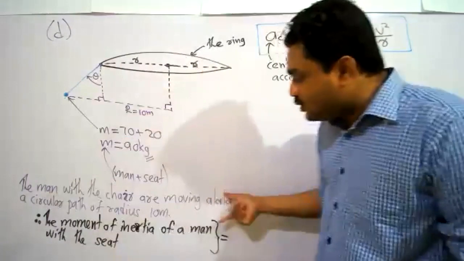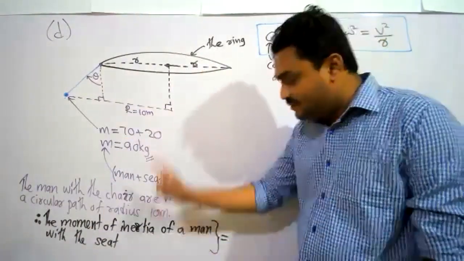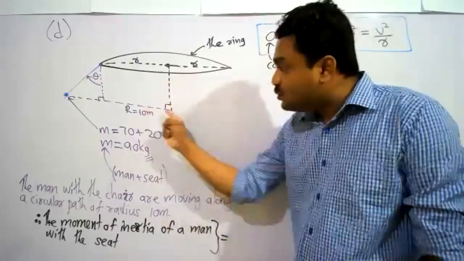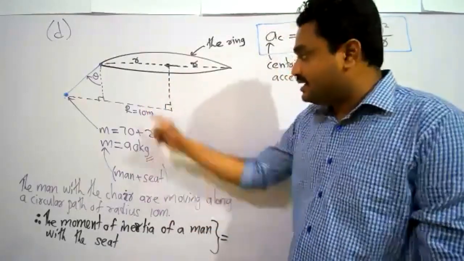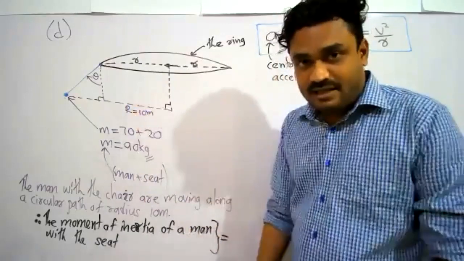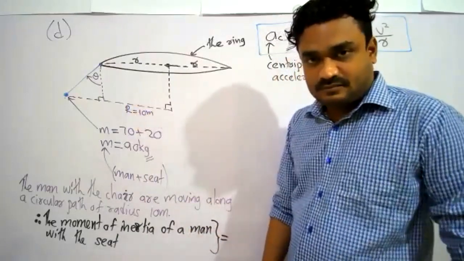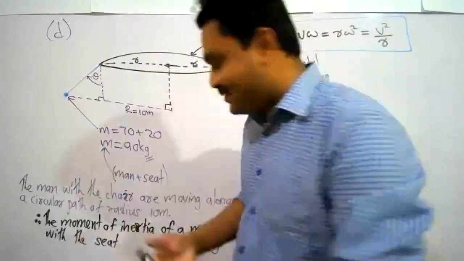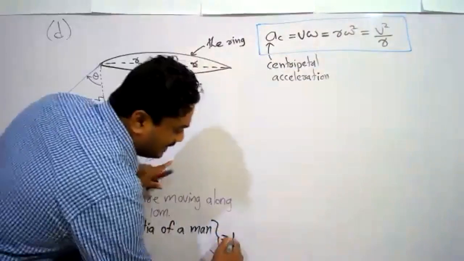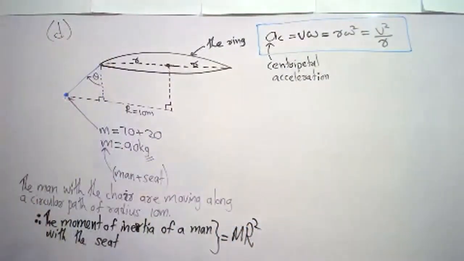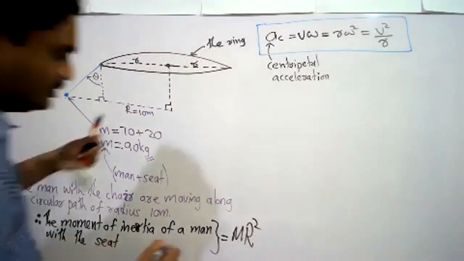Now they are moving along a circular path of radius 10 meters. Therefore, the moment of inertia of a particle which is moving along a circular path of radius capital R, or radius 10 meters, is given by the equation MR squared. Yes, very good. This is the moment of inertia of a man with his seat.